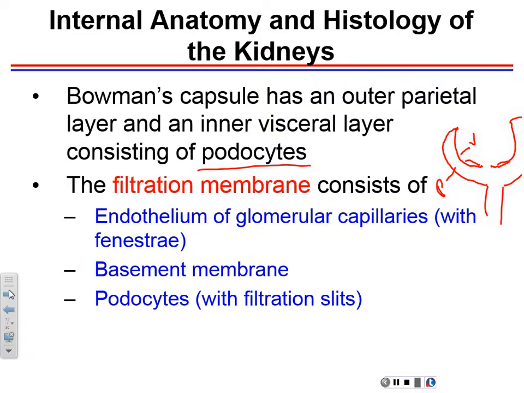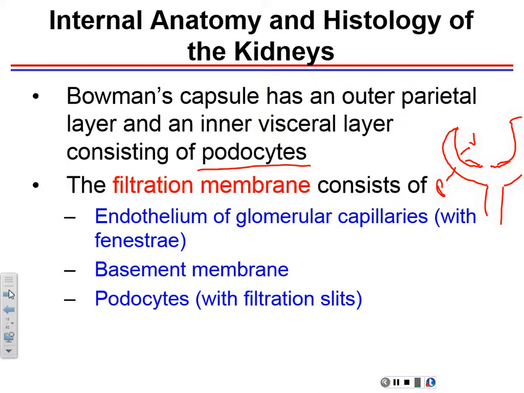What kind of question would that be? I say, the components of the filtration membrane. Just like the respiratory membrane, which we did when we did the respiratory system, right? Remember, to go through the epithelia of the blood vessels, it has to go through the lining, the alveolar epithelium, the basement membranes, and so forth. Same thing here.